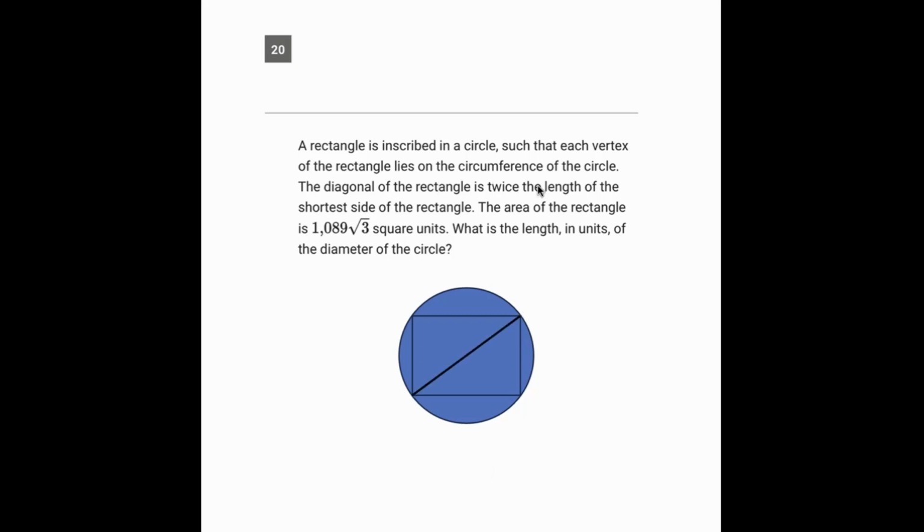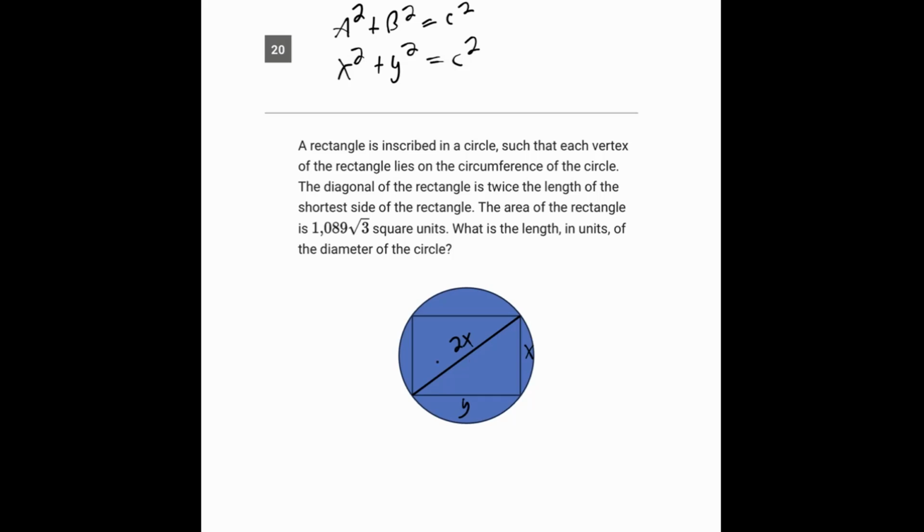That diagonal is twice the length of the shortest side of the rectangle. So if this is x, the diagonal is 2x. Now the trick in this situation would be to maybe call the third side of the triangle y and put that into Pythagorean. So a squared plus b squared equals c squared. x squared plus y squared is c squared.